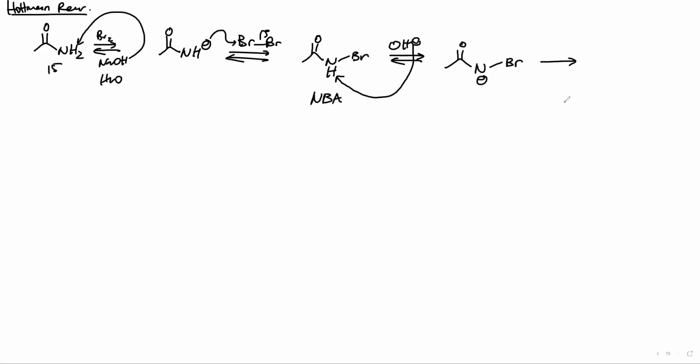Now, here's the weirdest part of this reaction, and probably the part that most of you didn't know about. But when we have this here with the N-bromoamide, bromine can actually leave. So if bromine is leaving with electrons, let's track electrons real quick because you guys should be able to follow along.